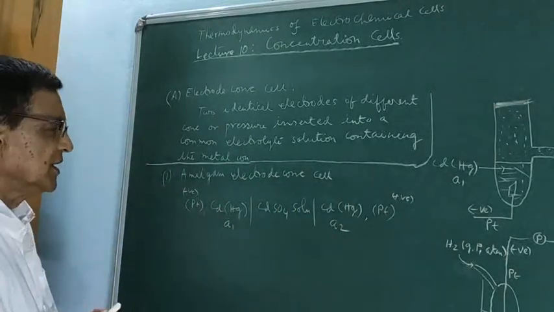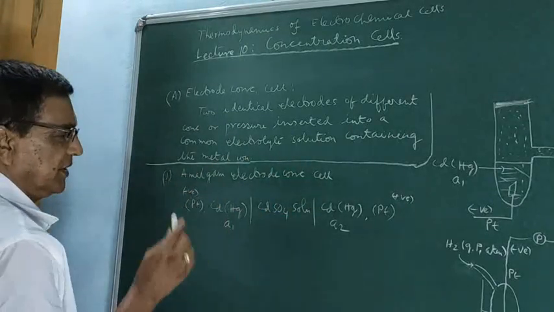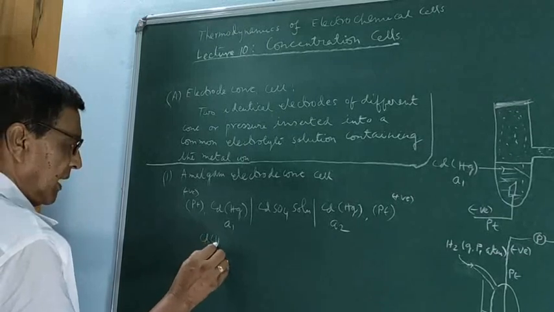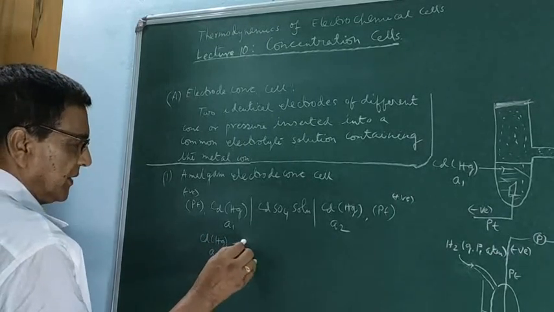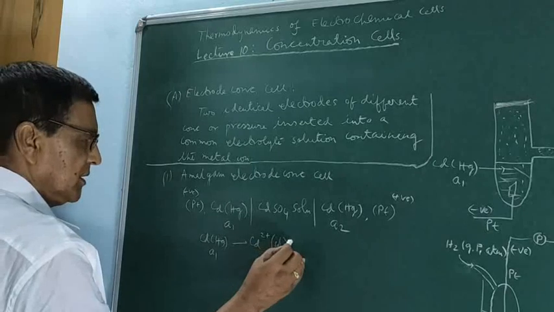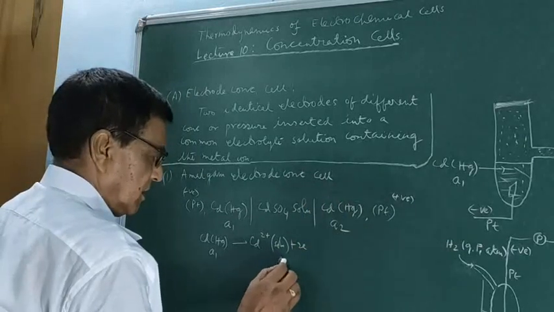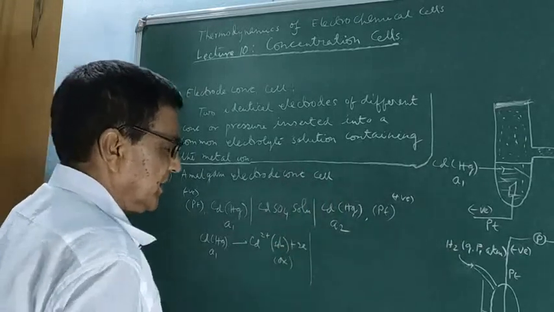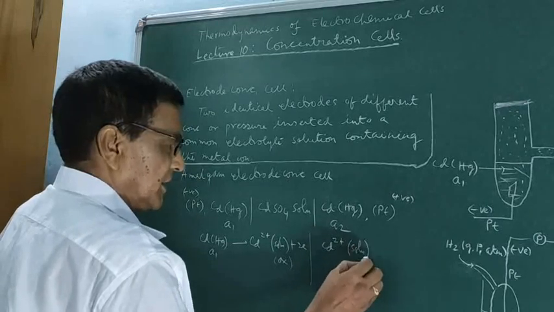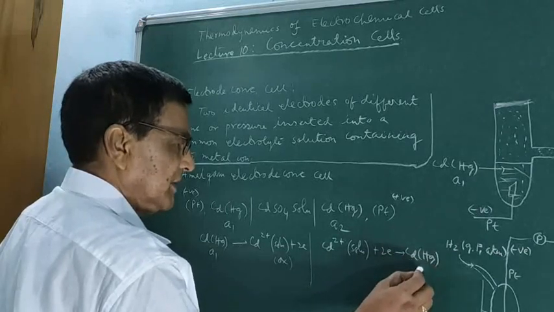Whenever we are considering this type of amalgam electrode concentration cell, on the left hand side there is an oxidation reaction: cadmium amalgam at A1 gives cadmium ion to the solution and electrons to the electrode. On the right hand side, cadmium ion in the solution takes two electrons and gives cadmium in amalgam at activity A2.